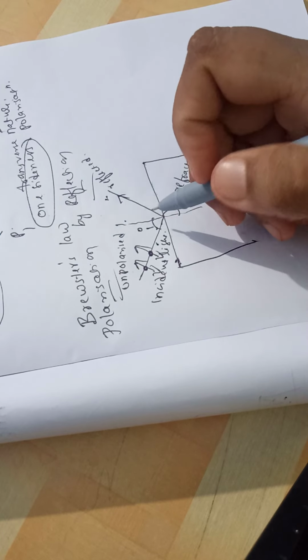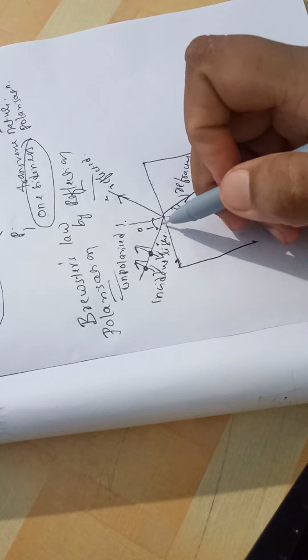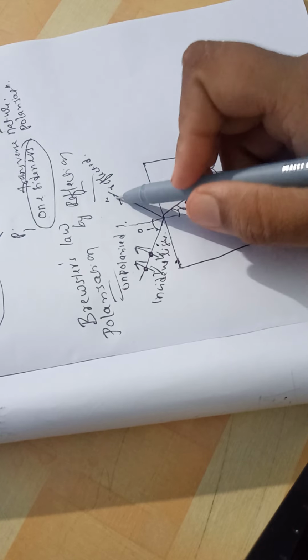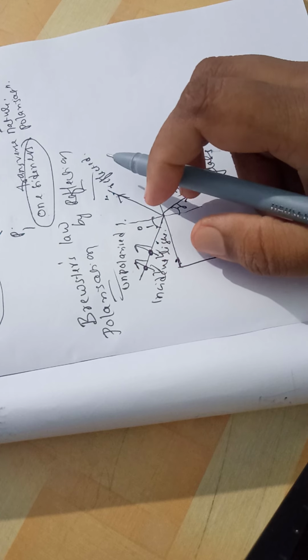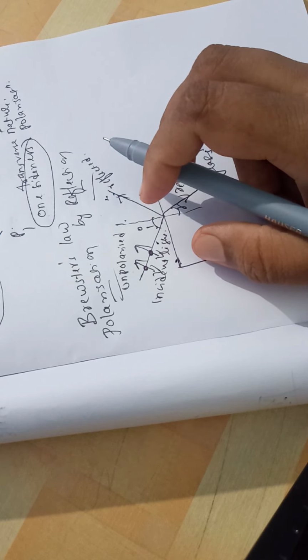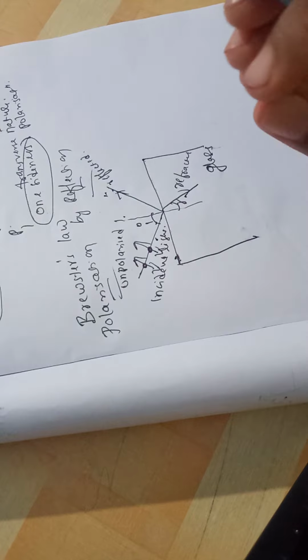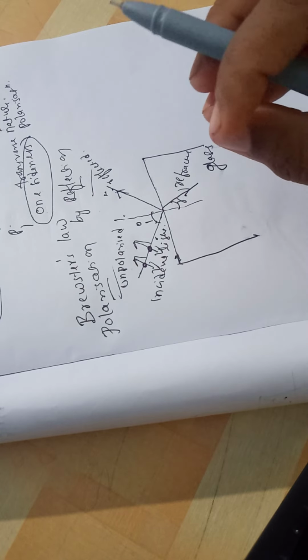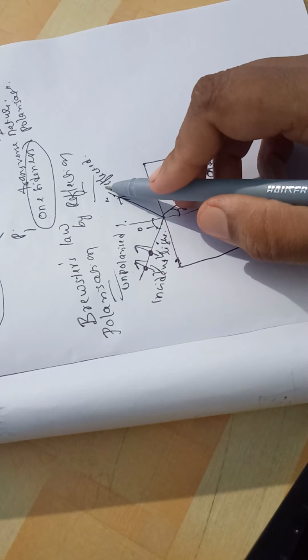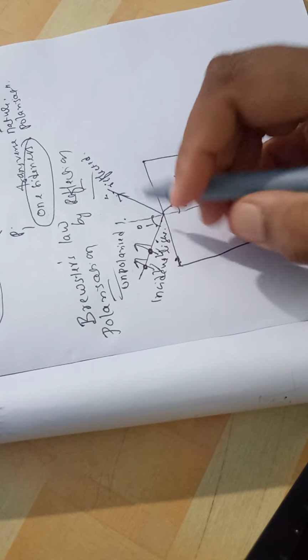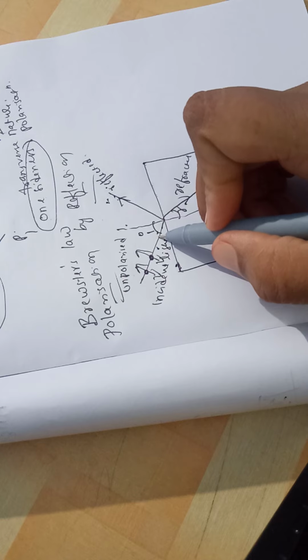For the initial first angle of incidence, he found that the reflected light had only partially converted into polarized light. Partially only, means some light is polarized, some light is unpolarized. Now he started changing the angle of incidence.